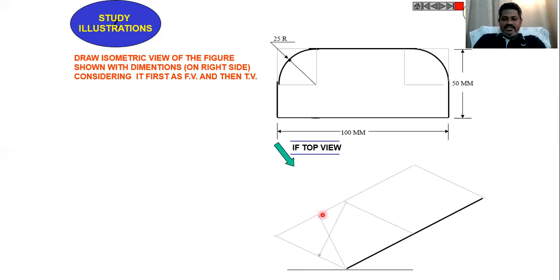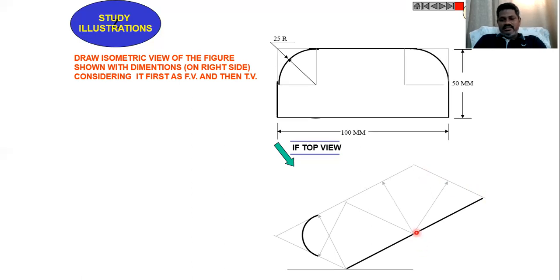Then take the compass with this intersection point and this midpoint as radius, with this intersection point as center. Draw an arc which joins these two midpoints. Then draw a line from this midpoint to the midpoint of the width like this.